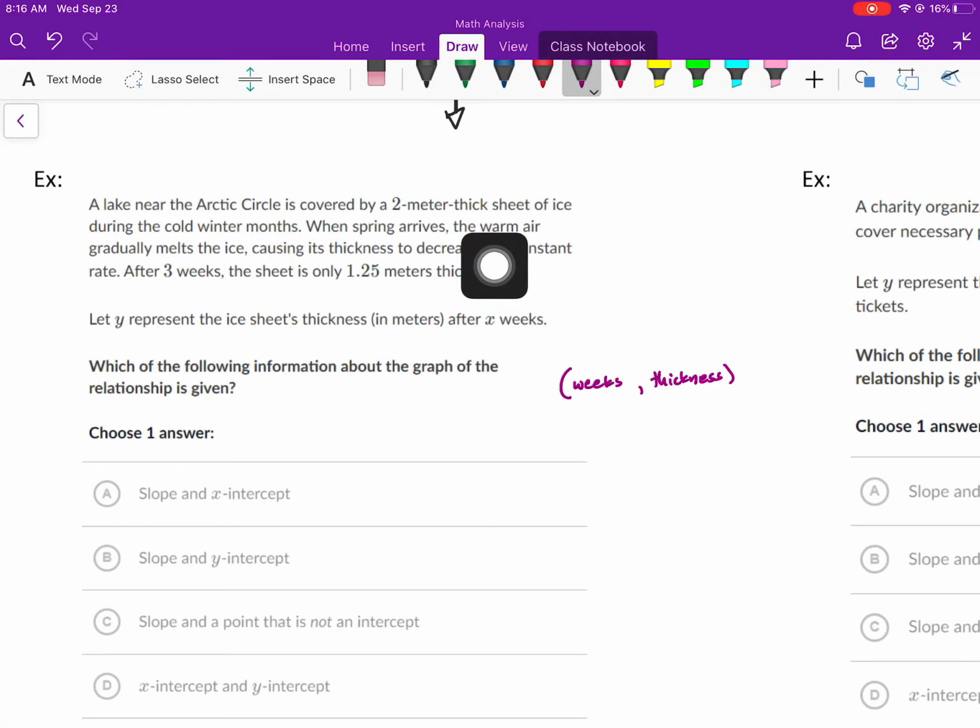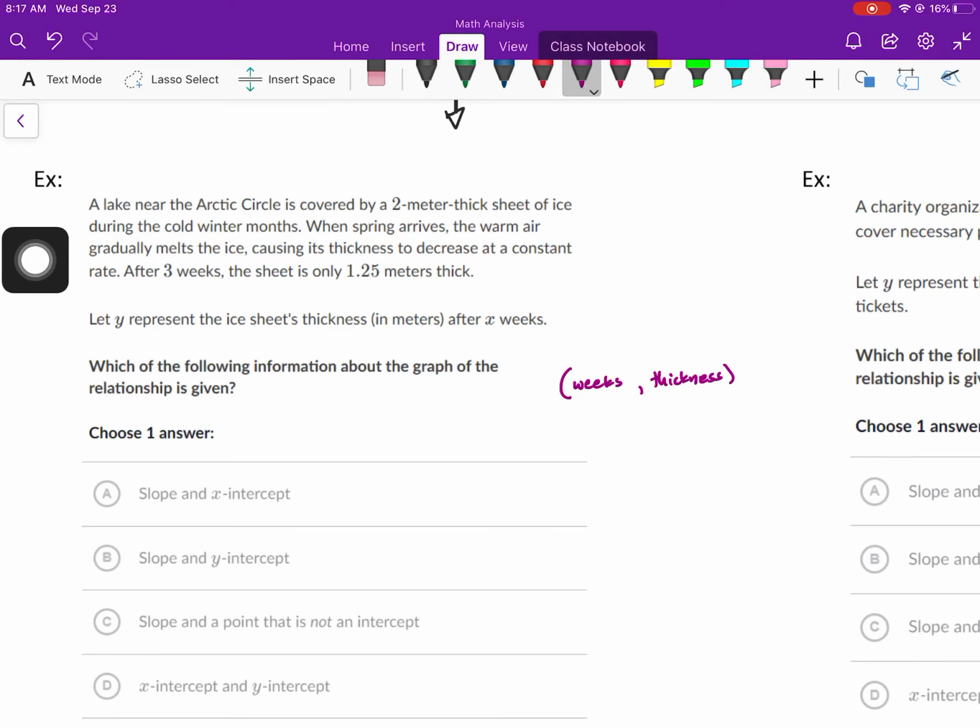When spring arrives, the warm air gradually melts the ice, causing its thickness to decrease at a constant rate. They didn't tell us that rate, so they didn't give us the slope. If they told us the rate was an inch per day or something like that, now they've given us a rate, but they didn't give us a rate. Instead, they gave us that after 3 weeks, the sheet of ice is only 1.25 meters thick.